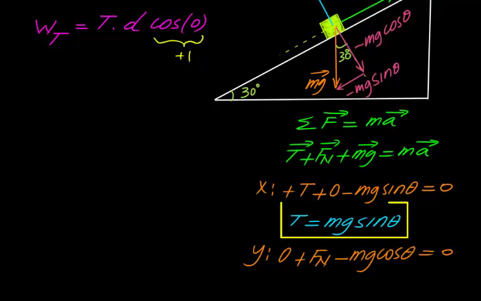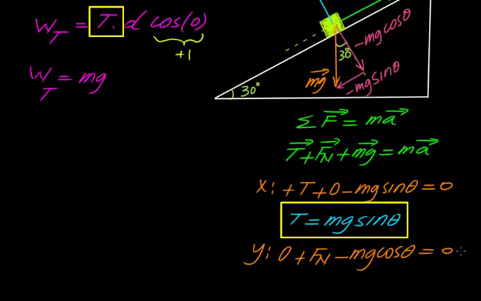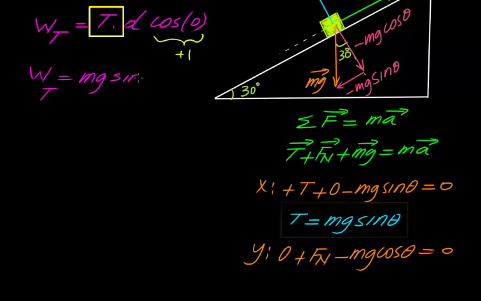Now let's substitute the tension that we have obtained into our work equation. Therefore, the work done by the tension is going to equal, instead of the tension, mg sine theta times the displacement d. Cosine 0 is equal to positive 1.